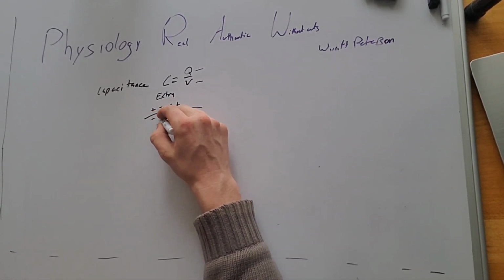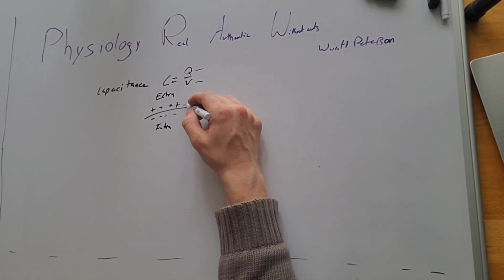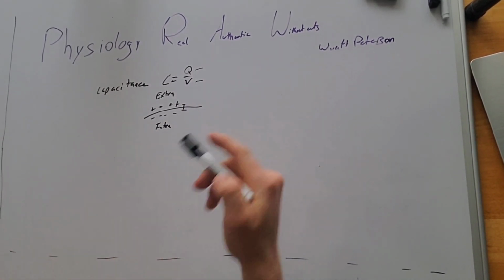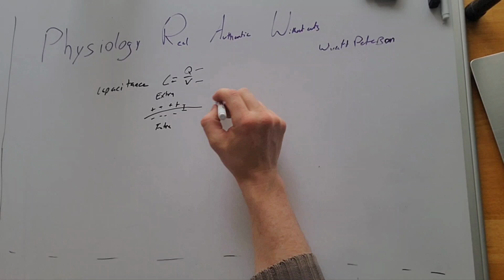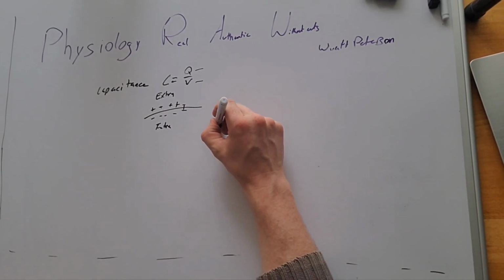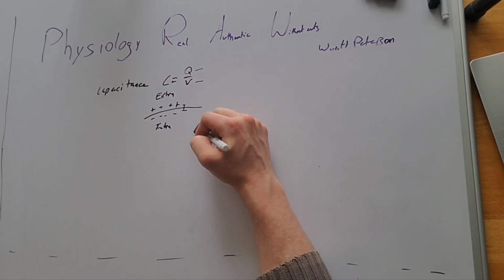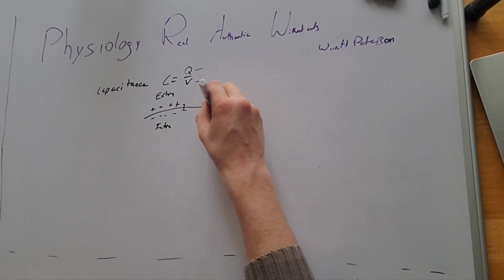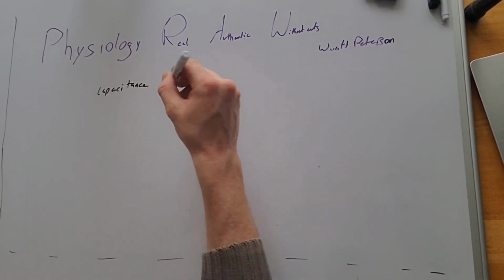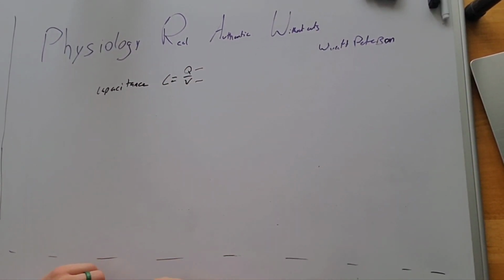There's positives on the outside, negatives on the inside, and they're separated. And so capacitance is basically describing that there is a separation of charges, and there's a certain amount of volts that goes into that. In our case, we use millivolts because it's not that big of a difference.